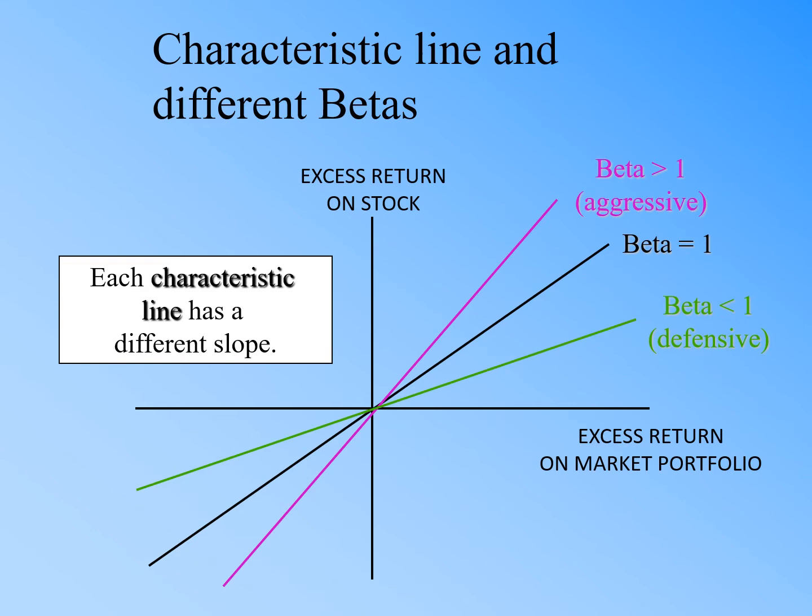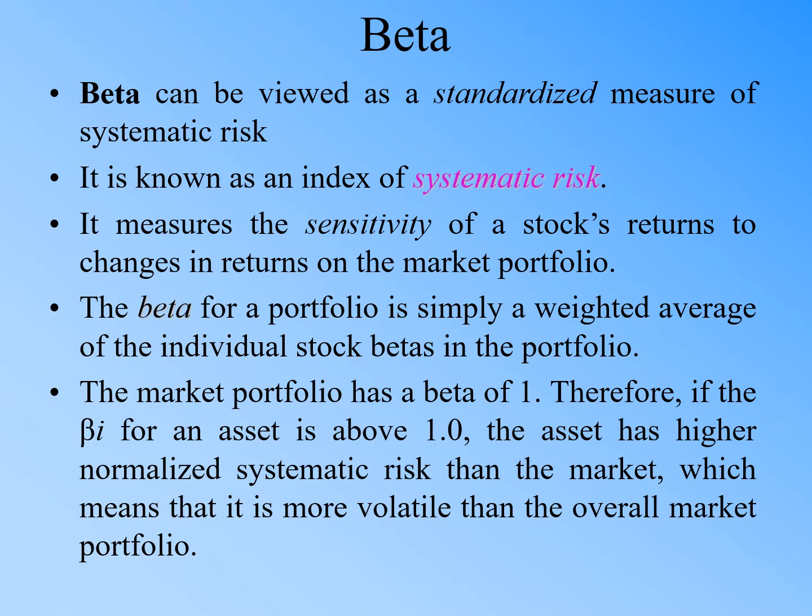And if the beta is greater than 1, this type of stock is called an aggressive stock or aggressive investment. And if beta is less than 1, then this type of stock is called a defensive investment.